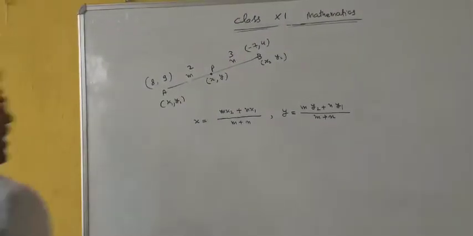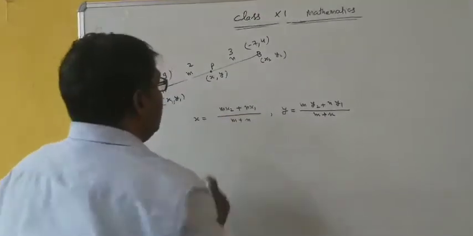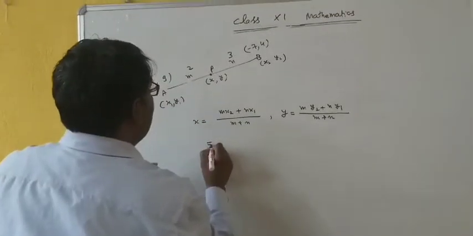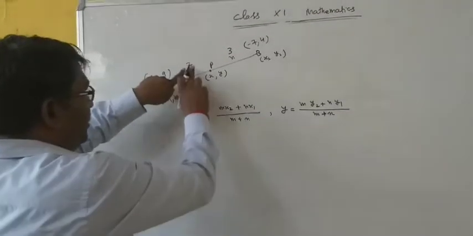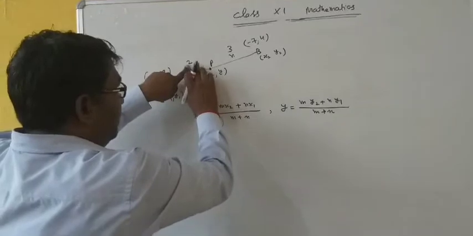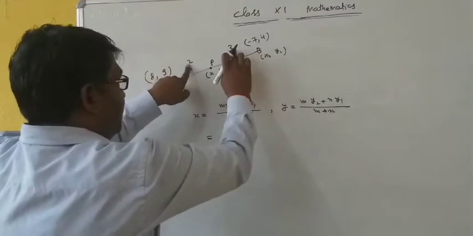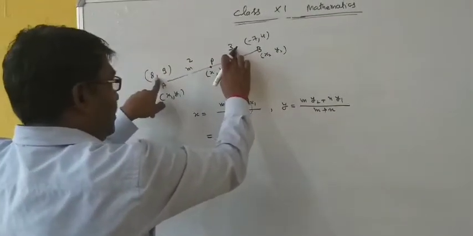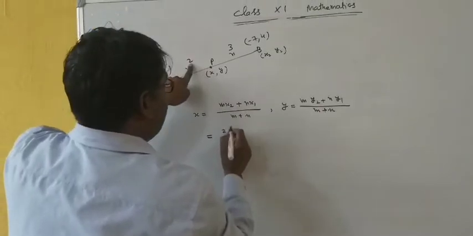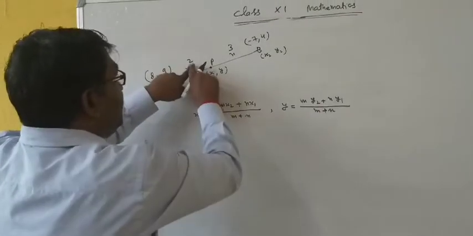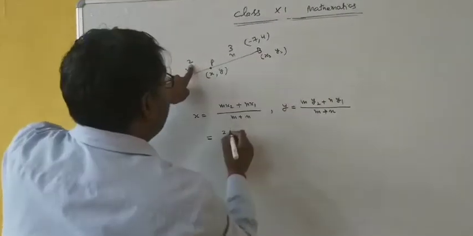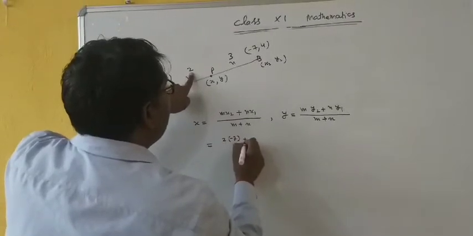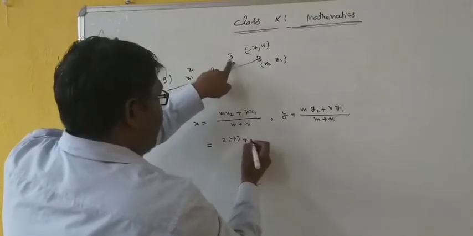So how will you find this point now? Putting in the x coordinate, as I have told you earlier, this 2 multiplies with these coordinates and this 3 will be multiplied with these coordinates. So 2 into, since you are finding the x coordinate, here the x coordinate is -7, plus thereafter, in place of n, 3.